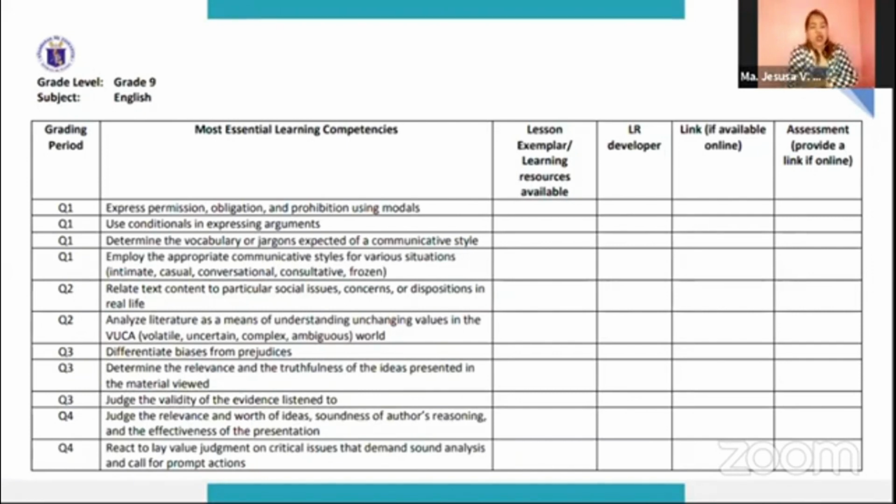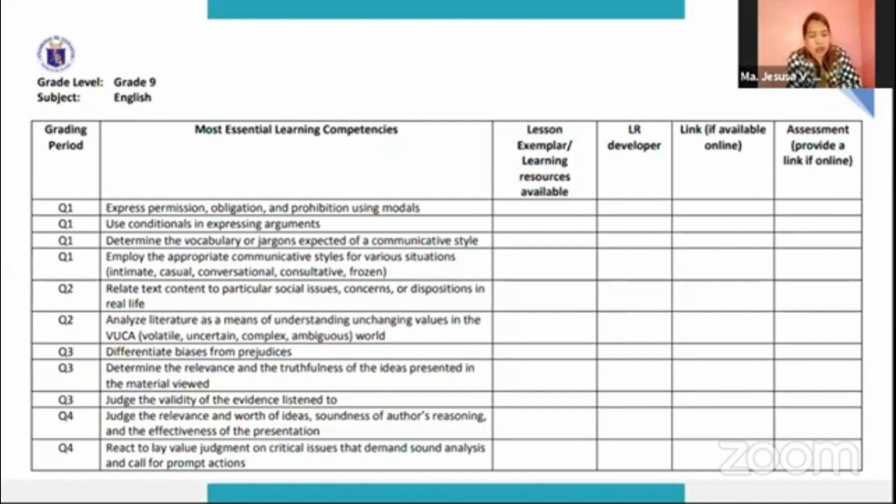Okay. So as you can see on the most essential learning competencies, there are only four competencies on quarter one. There are only two competencies on quarter two. There are three competencies on quarter three and only two competencies in quarter four.